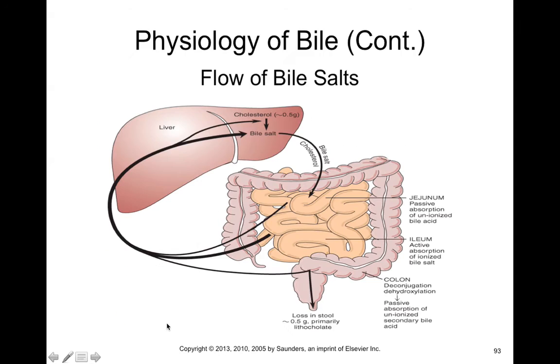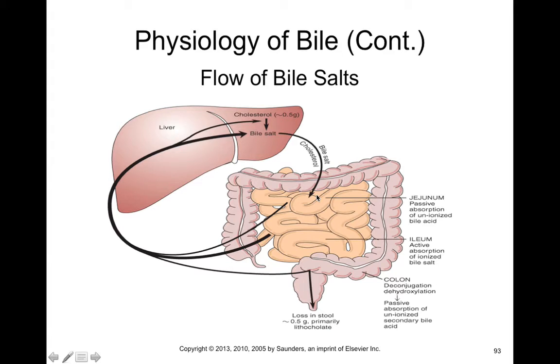Now, what this is showing is the circulation of some of the bile components. So we know that your liver can use excess cholesterol to make bile salts, and these bile salts are secreted through bile into the small intestine upon digestion.